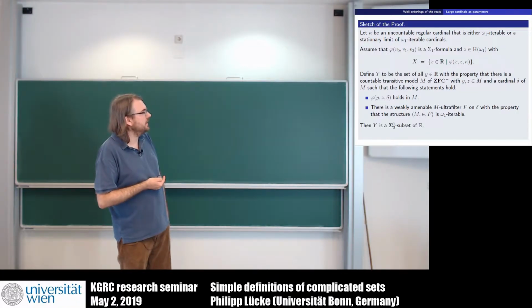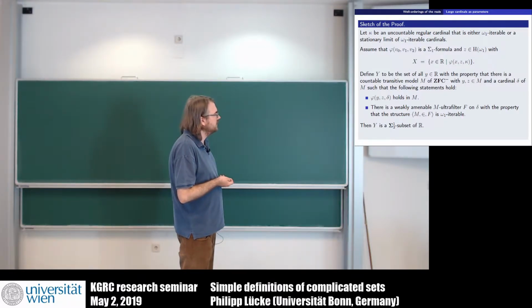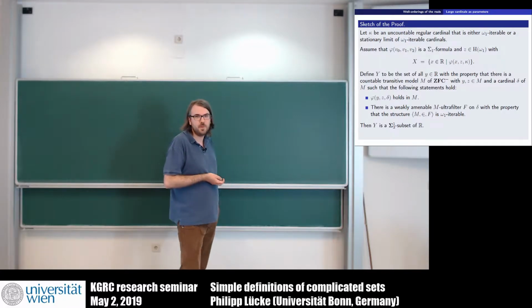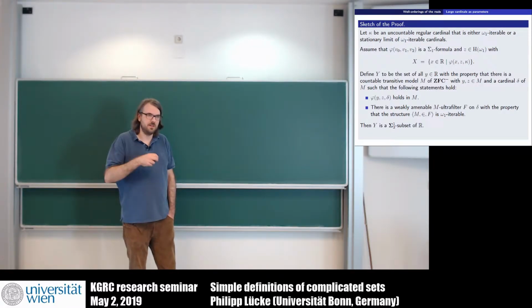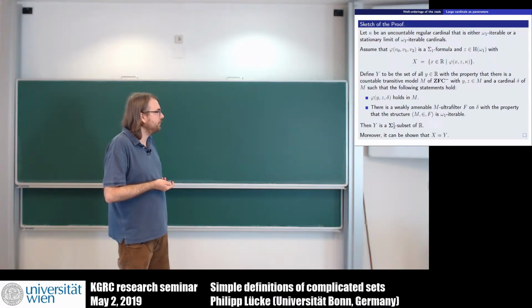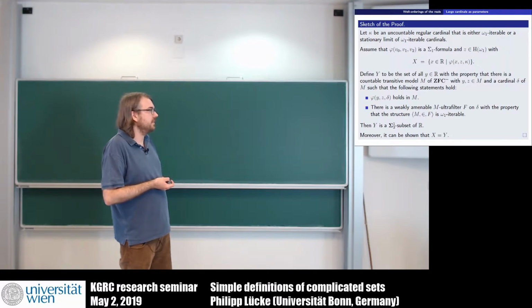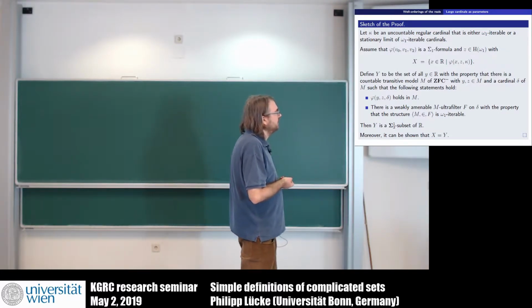And then again, you can show that this is Sigma^1_3, because iterability just means countably iterable for all countable ordinals. And this set Y is the same as the initial set X.